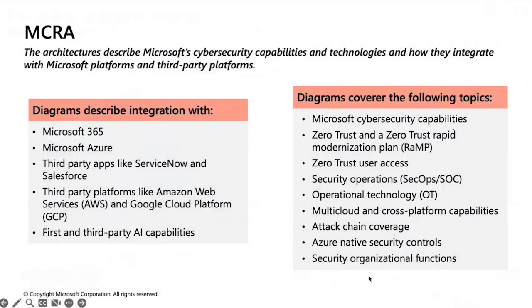And in all these, you see how different Azure products are collaborating and integrating with each other: Microsoft 365, Azure Cloud, Microsoft Cloud, third-party applications like ServiceNow and Salesforce, third-party platforms like AWS and GCP, and third-party AI capabilities. These are all things you see in this diagram, how they are integrating and working together.